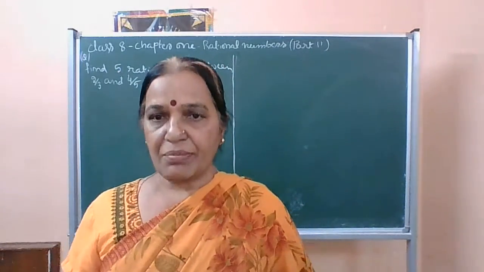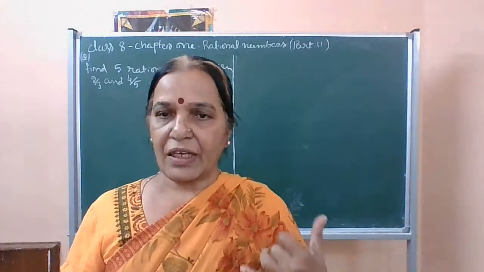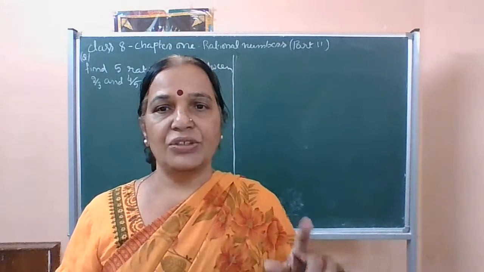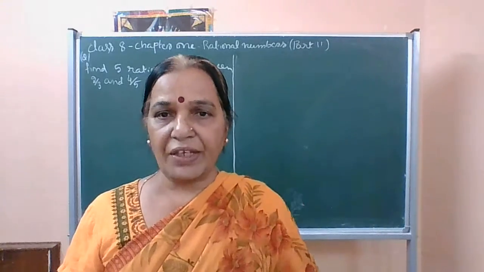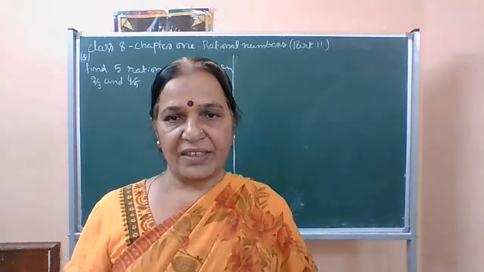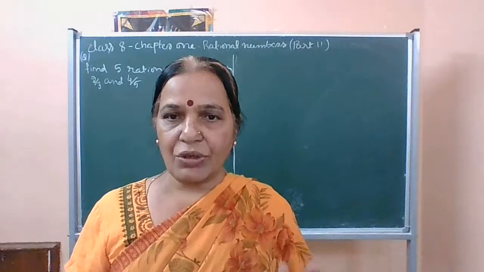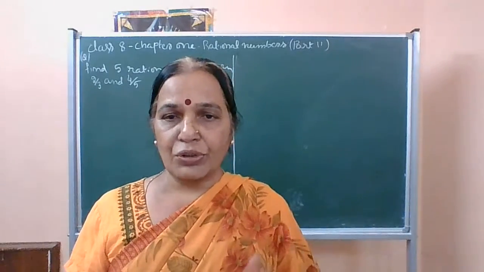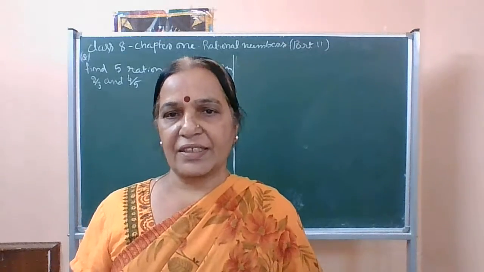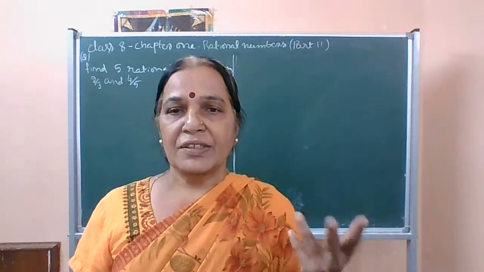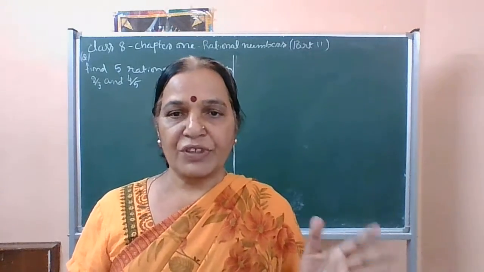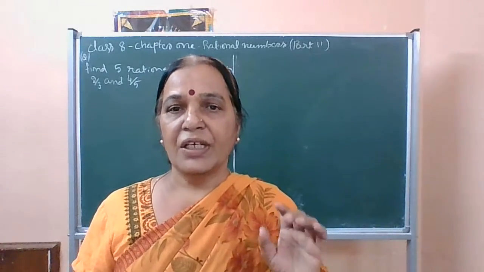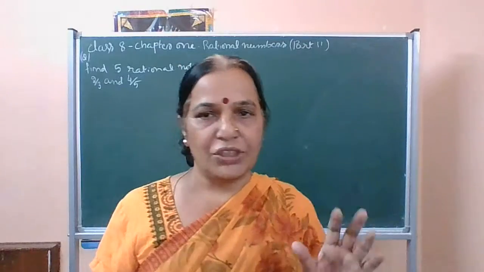Though it is a long method, you have to learn it because it is required for higher class maths. Always in maths, whatever you learn in the previous class, you have to use in the next class. Therefore, you have to learn this method also.